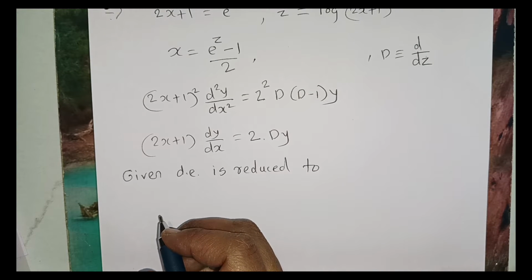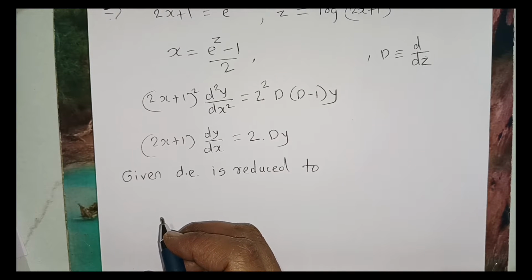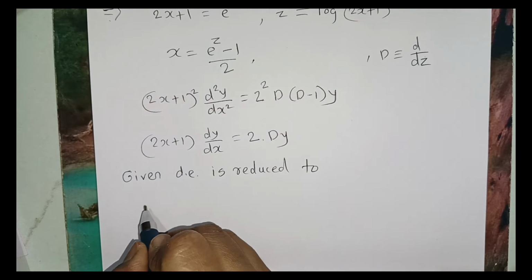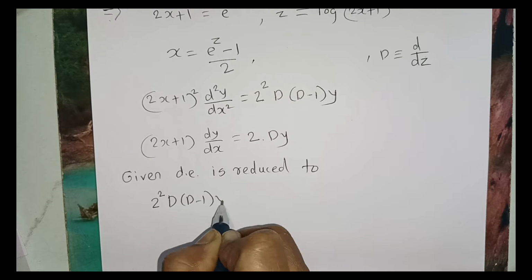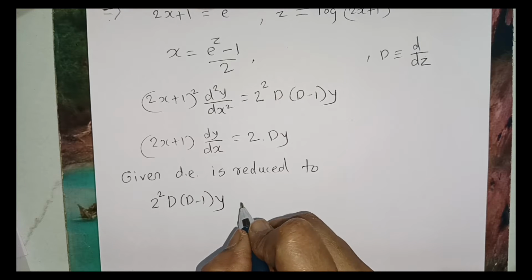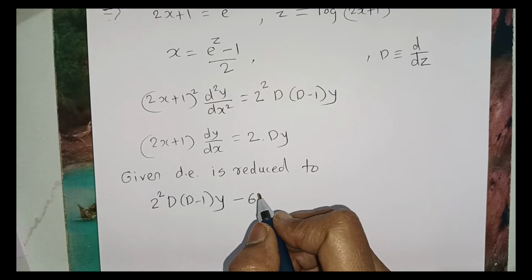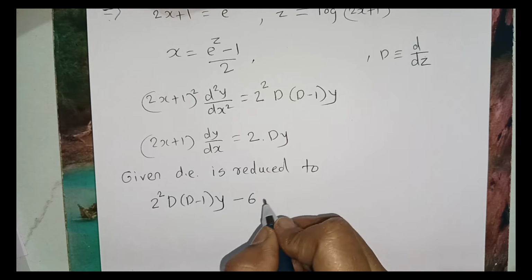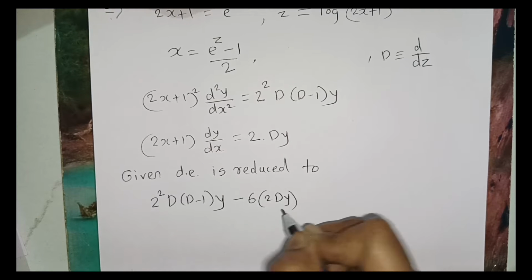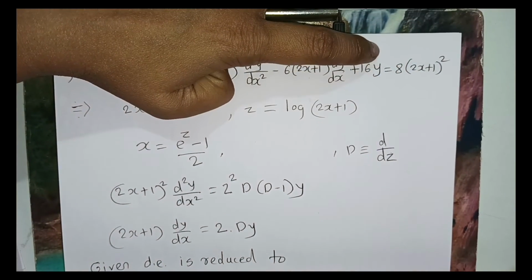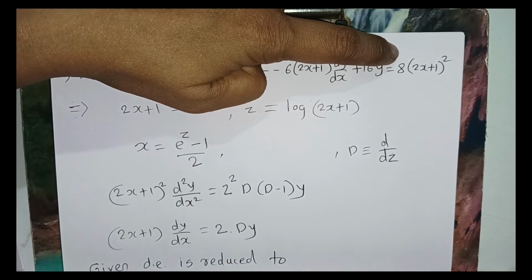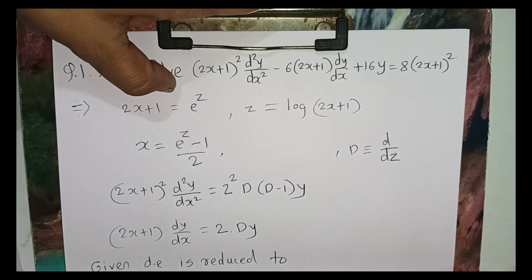(2x plus 1) whole square d squared y by dx squared is equal to 2 squared D into D minus 1 y, minus 6 times (2x plus 1) dy/dx, which is 2 times Dy, plus 16y, which will be as it is, equal to 8 times (2x plus 1), which is e raised to z.